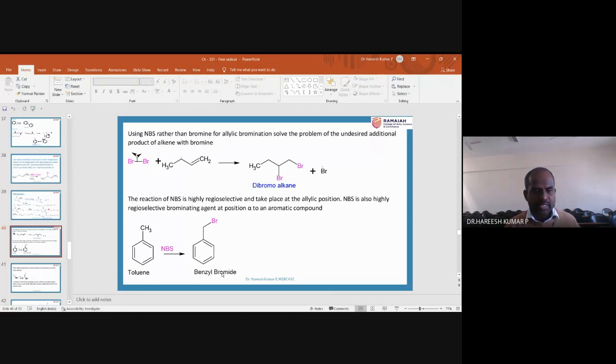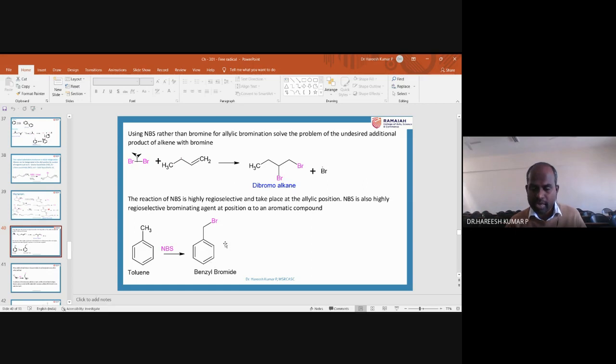So with this, I will take up one more example. Suppose a molecule contains a double bond as well as a triple bond. In such cases, if we are treating with NBS, then what will happen? The bromine will add to the alpha position to the triple bond.